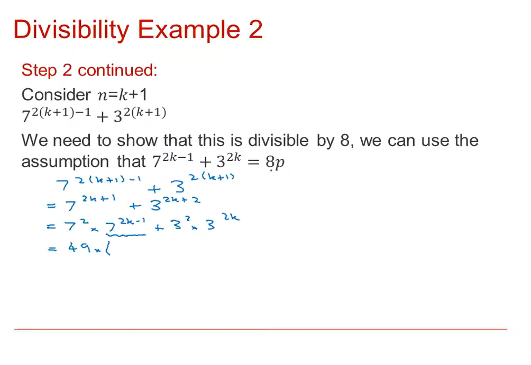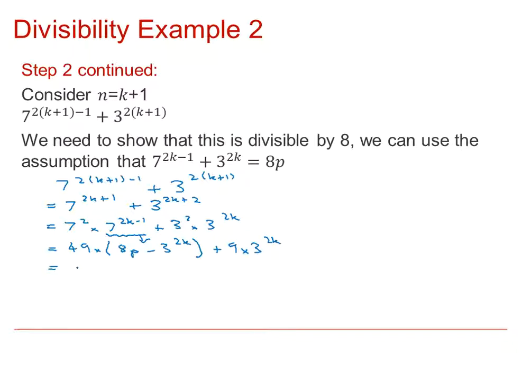So I'm going to now replace 7 to the 2k minus 1 with 8p minus 3 to the 2k. So that's where I've used my assumption step there. Plus, tidying up the next term, I'm going to write that as 9 times 3 to the 2k.